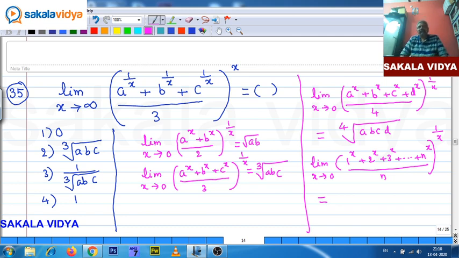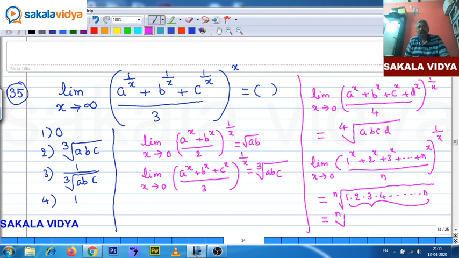Your answer is 1 into 2 into 3 into 4 into so on into n, and nth root. Am I correct now? So this is nothing but the product of the first n natural numbers, nothing but n factorial. So that means nth root of n factorial. Yes, that's correct, nth root of.